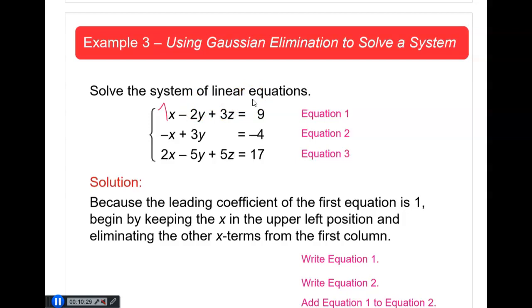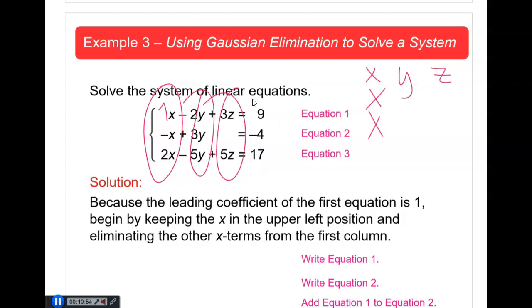One thing that you should always do when you solve a system is to reorder it so that it's in alphabetical order: first the x, then the y, and then the z. Even if you don't choose to do that, at least make sure that they match by column, vertically. You have all your x's, then all your y's, then all your z's, and after the equal sign, all of your constant terms. That is a very important thing to do.